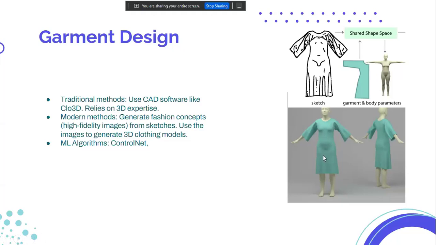And you can imagine, even before 3D modeling software, after this process they actually had to make the garment with actual materials and stitch it up, just to make a prototype and see if it's okay. So 3D modeling has actually helped the industry prototype faster. But this part of 3D modeling relies on 3D expertise, and you'd find a lot of fashion brands don't have access to 3D expertise.